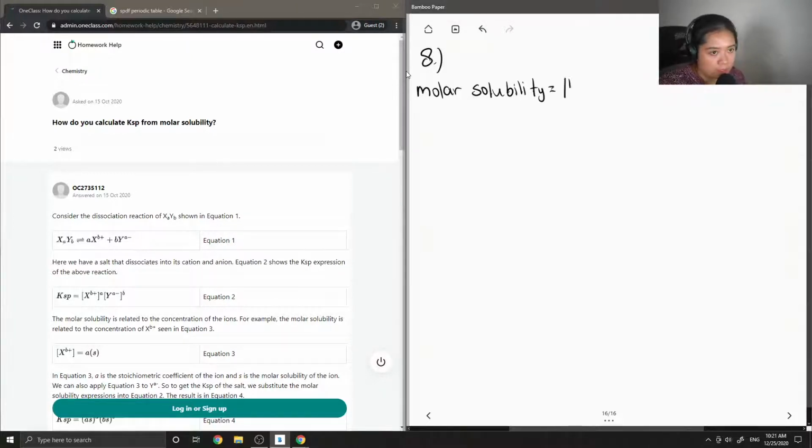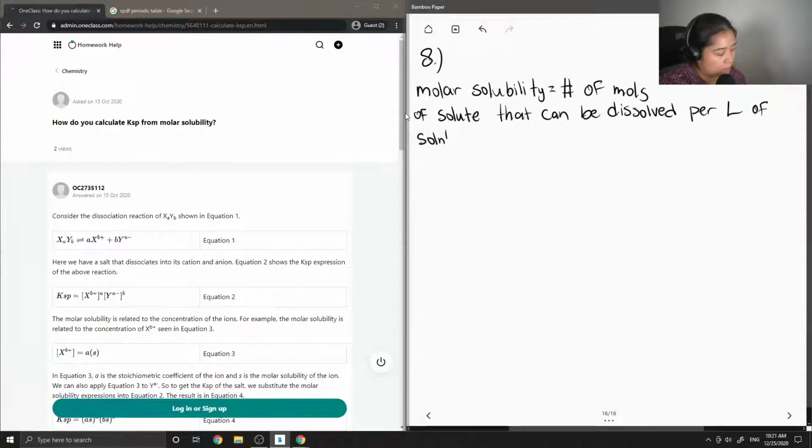So this is the number of moles of solute that can be dissolved per liter of solution before it becomes saturated.